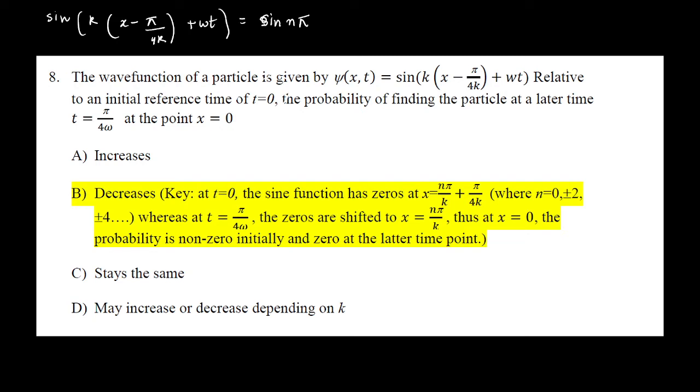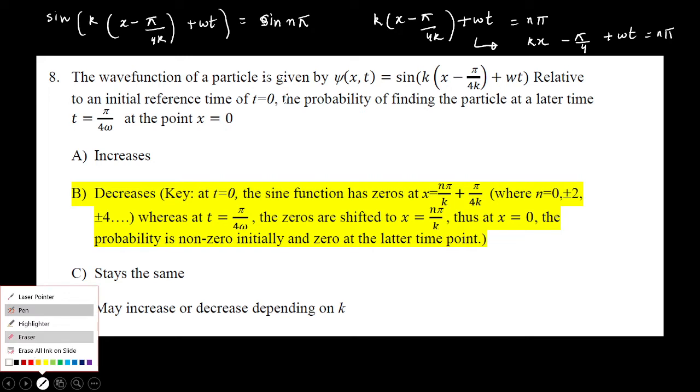So if I equate these, kx minus pi by 4k plus omega t equals n pi. Solving, k and k cancel out: kx minus pi by 4 plus omega t equals n pi. So this is the equation.